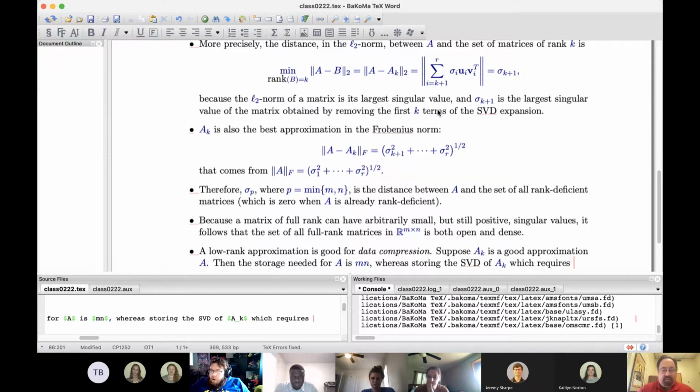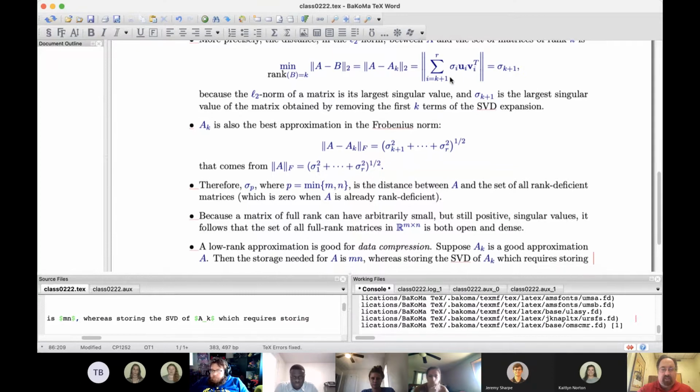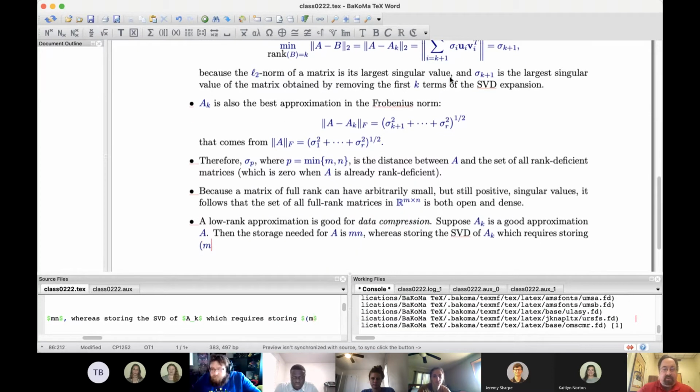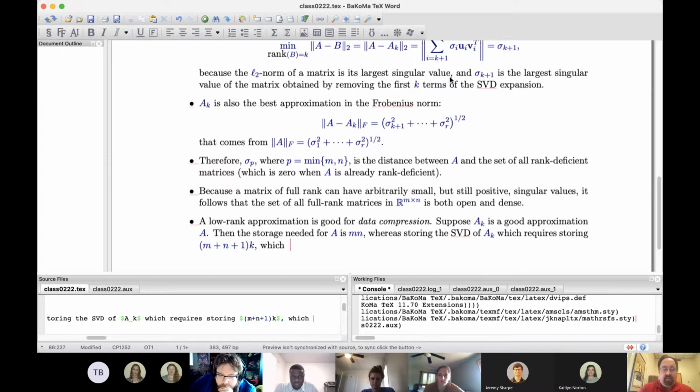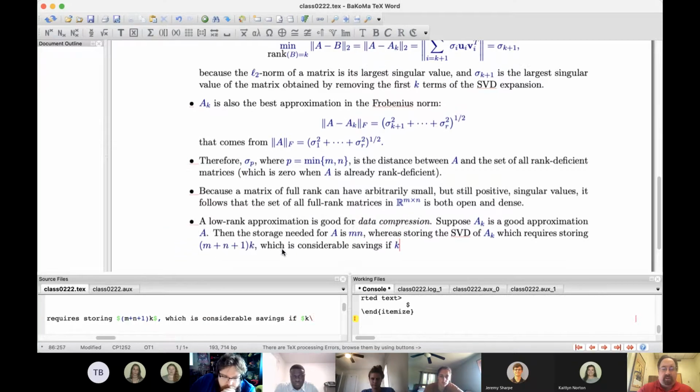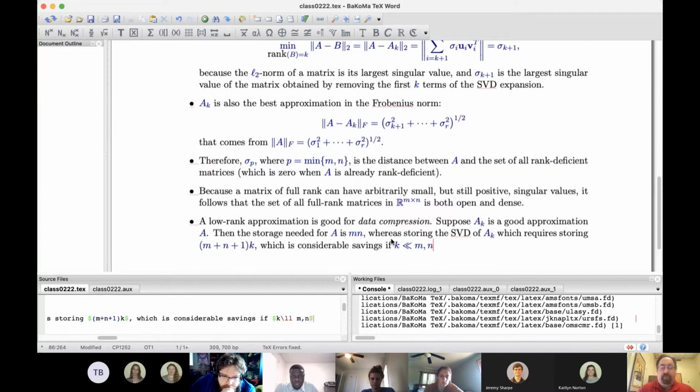So the total storage is M plus N plus 1 times K. So suppose K is much smaller than both M and N. Then you're saving a lot of storage.